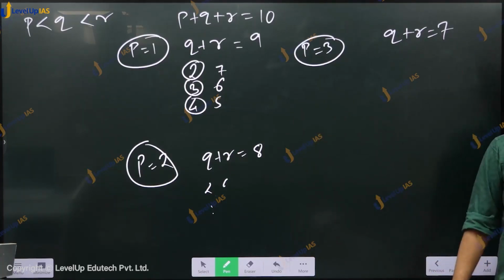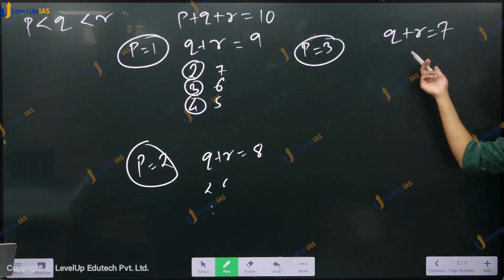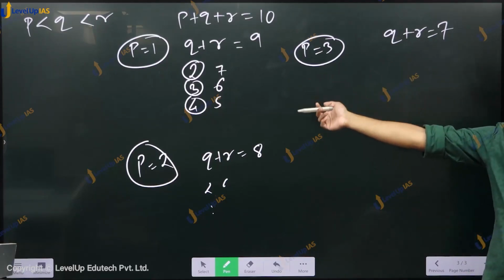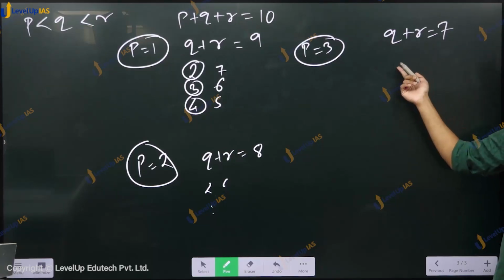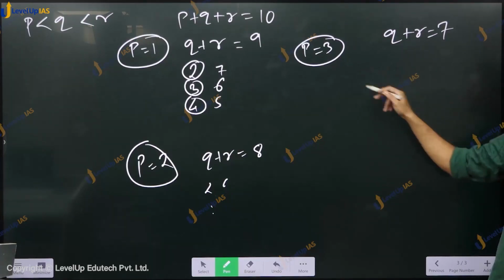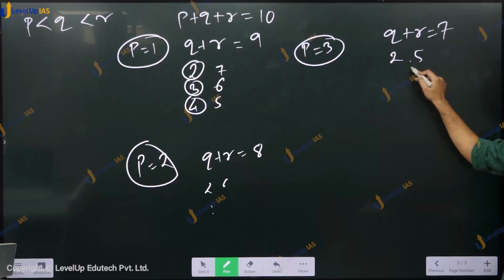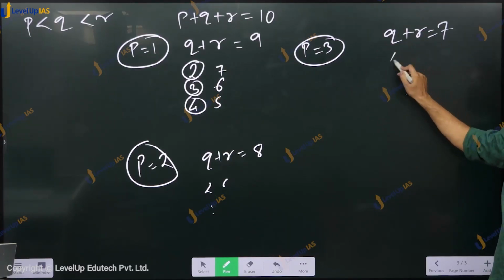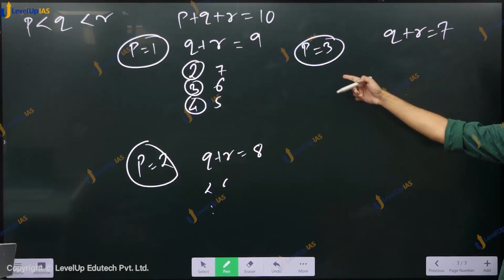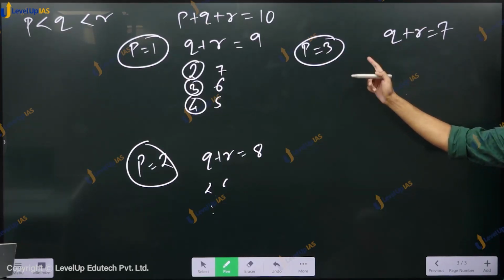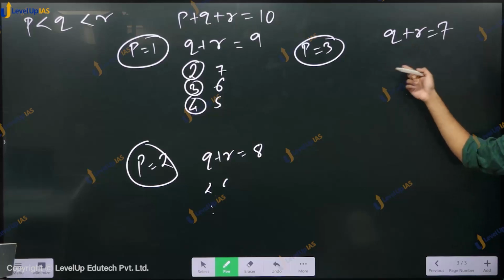Q plus R is 7. Now Q can be 2, 3, 4. That I already know. That I don't need to check. Can Q be 5? No. Can P be 3? Yes. Here we have 2, 5, etc. So 2, 5 will not work. 4, 3. No. P cannot be 3 here. For P is equal to 3, there are no possibilities.